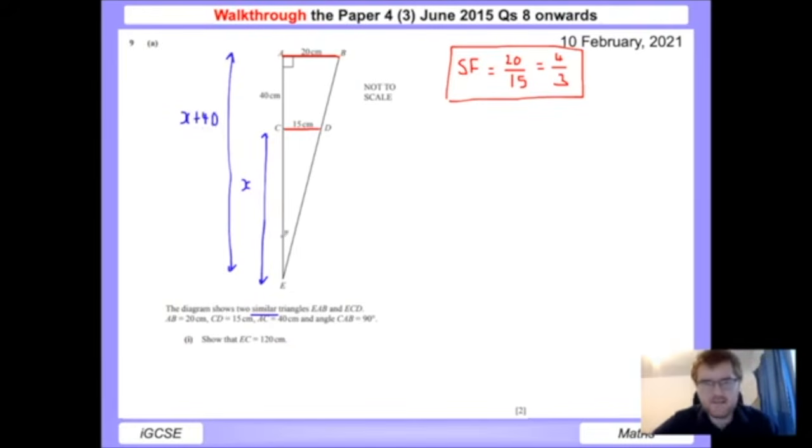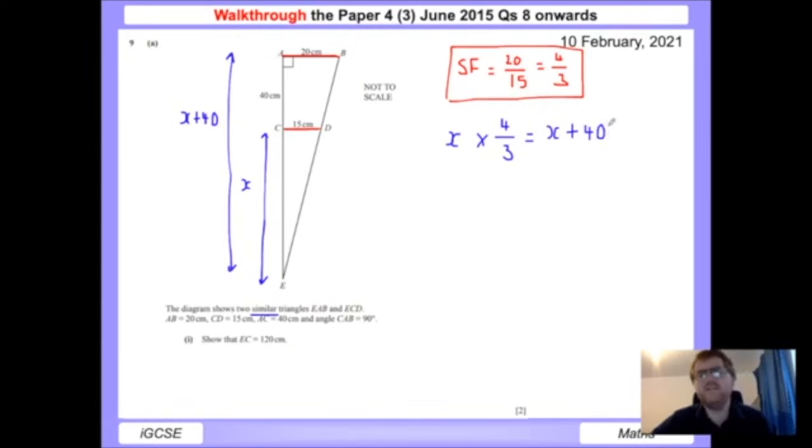This length is x, then to go from A to E, we just need to add 40 to x. Now notice these are the corresponding lines of our small triangle and big triangle. So what we're asking ourselves is, if I take x, our smaller triangle, and multiply it by 4/3, our scale factor, I should then get to my long length, which is x plus 40.